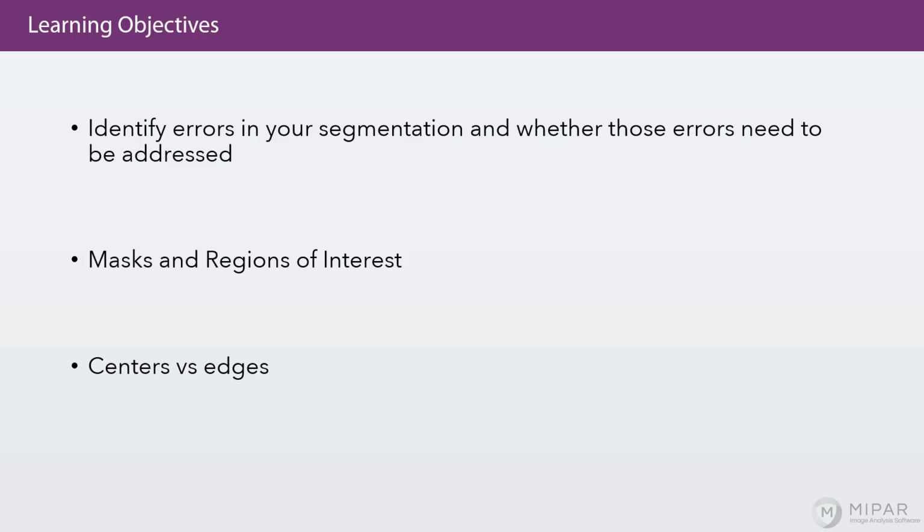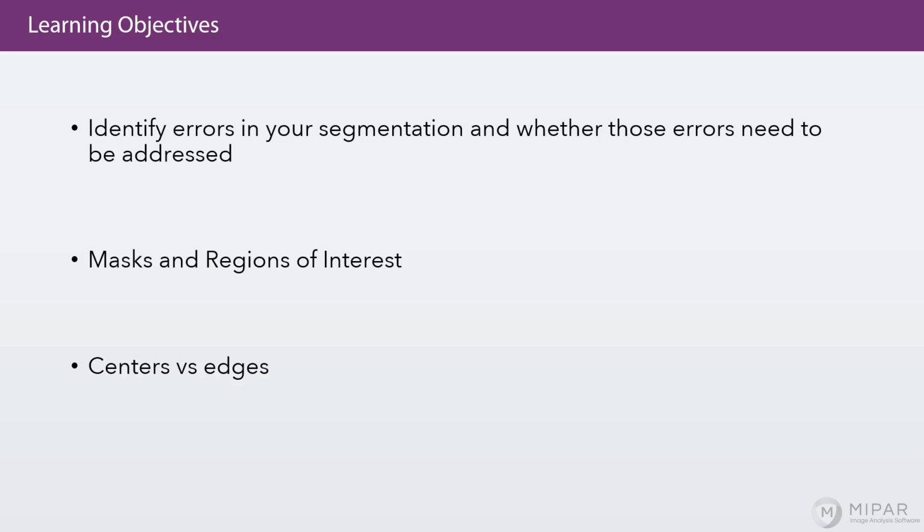So our learning objectives: first, identifying errors in your segmentation. We'll just look and see what the errors are, and then decide whether or not they even need to be addressed. Then we've got two different ways that we'll use to iteratively improve our segmentations.